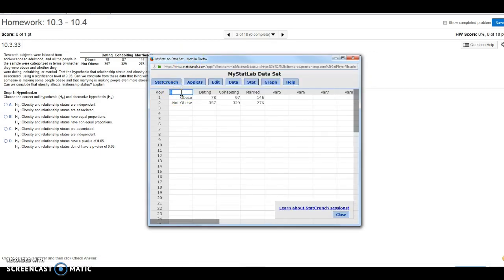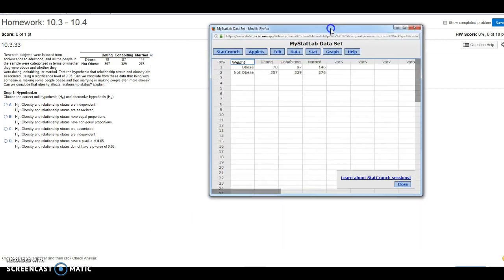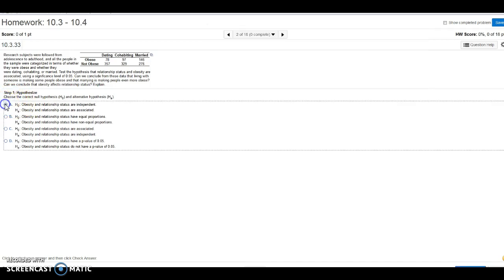And I'm going to change this title to weight because one of my categorical variables is weight and the other one is dating status or relationship status. So my null hypothesis will be that they are not associated, or that they're independent, versus that they are associated.